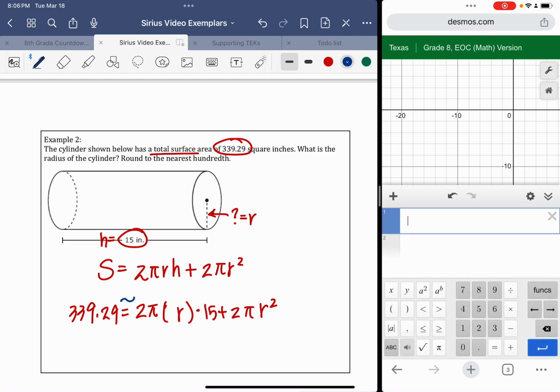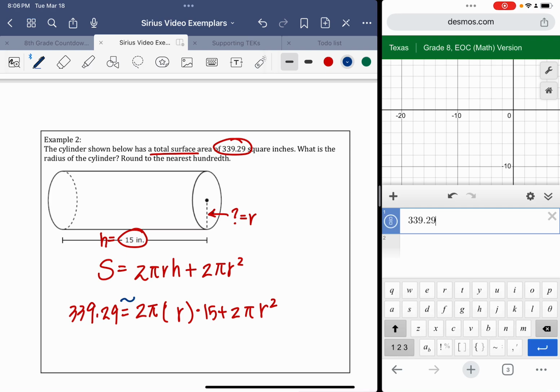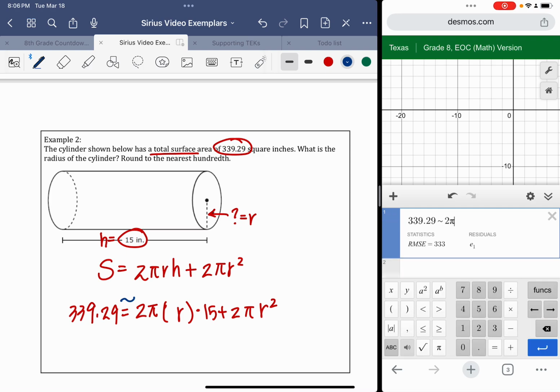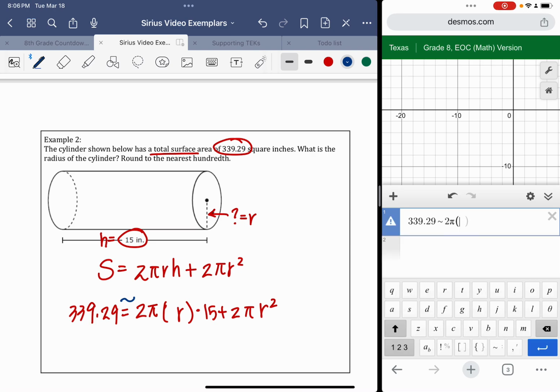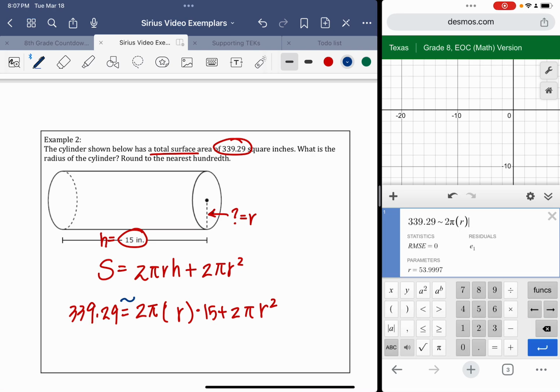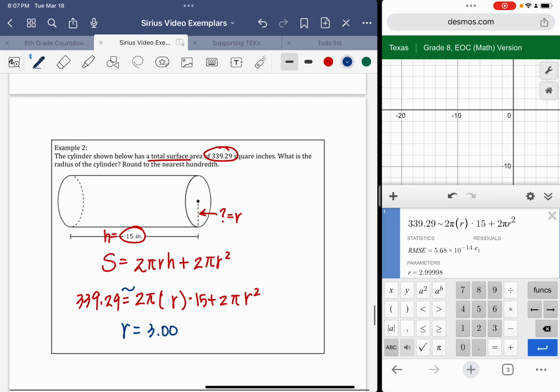So in a calculator, we'll just put 339.29 similar to 2 pi r times 15 plus 2 pi r squared. Okay, so this radius, when we round, we should get a 3.00, right? They'll give you the answer choice if they need to round. So that's how we solve for an equation and go back to find the missing quantity within the shape.